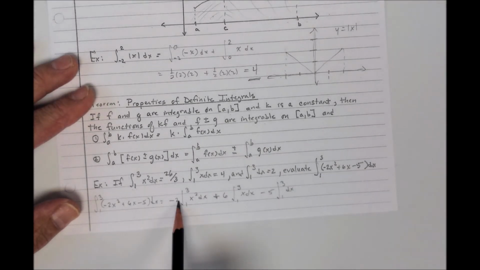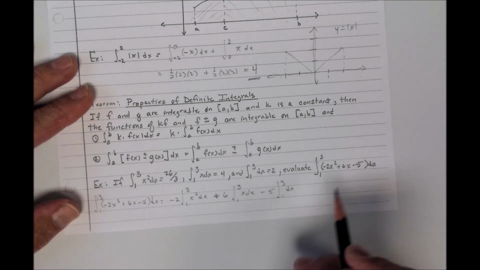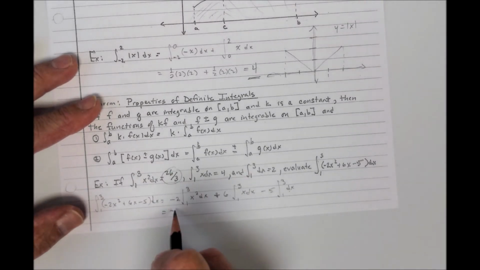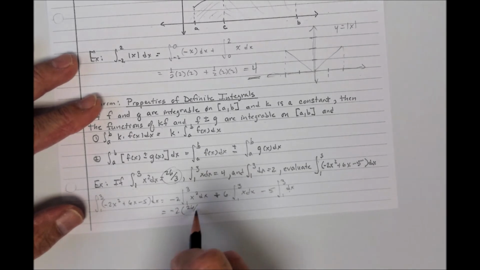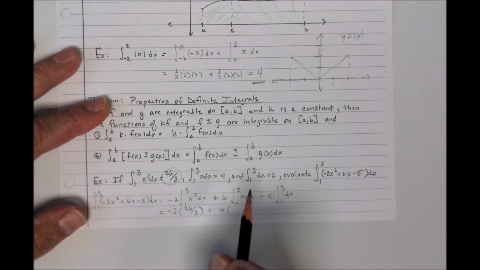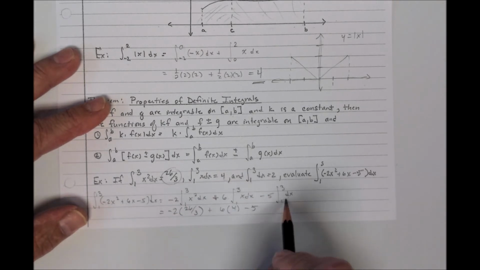Brought the constant out in front, brought the constant out in front, and thought of this as 5 times 1, brought the 5 out in front. So I have the 1 dx. This is given to be 26 thirds. So this is negative 2 times 26 thirds plus 6 times 4, minus 5 times 2.